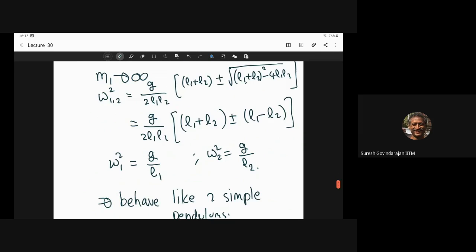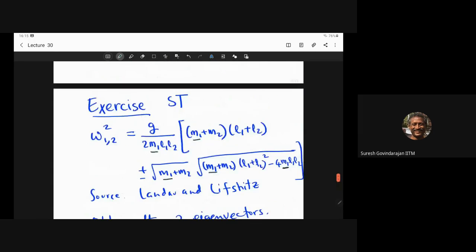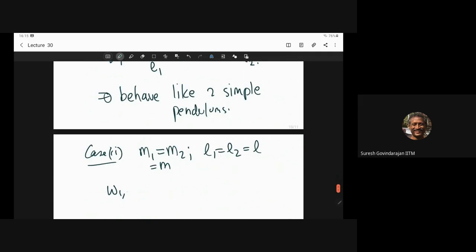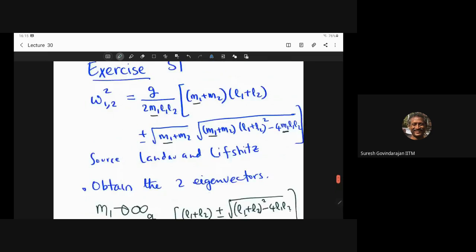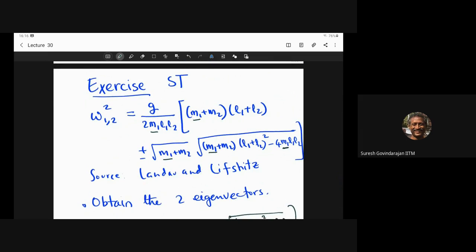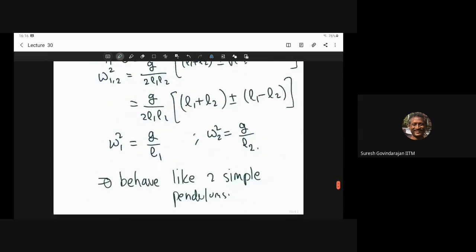No. Okay, so let's do that. So we get G by 2 ml squared. M1 plus M2, so it will be 2 plus 2, so it will be 4 M1, 4 ML.